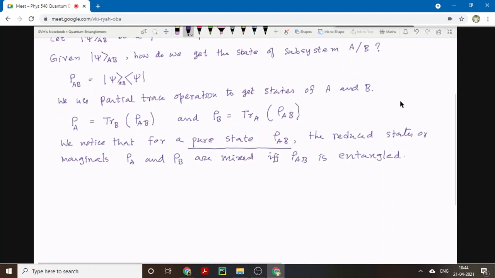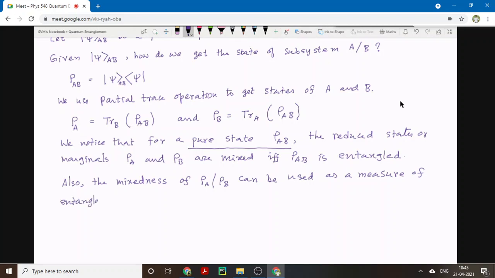That means also the mixedness of rho A or rho B can be used as a measure of entanglement of the pure state rho AB.